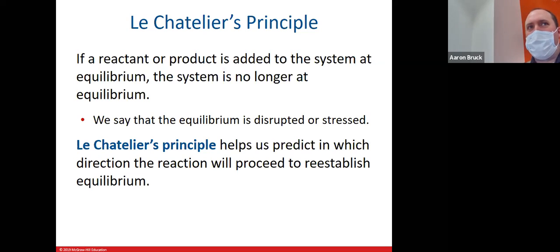What Le Chatelier's Principle allows us to do is predict how the system will react, how the system will adapt to reestablish equilibrium overall.